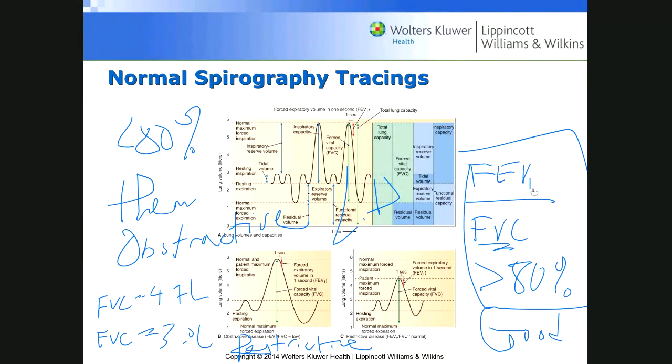You're healthy. If it's less than 80%, then you have obstructive lung disease. Now, someone who has restrictive lung disease like this one, the FEV1 to FVC ratio is greater than 80%. You think that's healthy, but what happened is that the vital capacity is lower. Let's say 4.7 is normal, and they have 3.6. Okay. All right. Let's move on then.